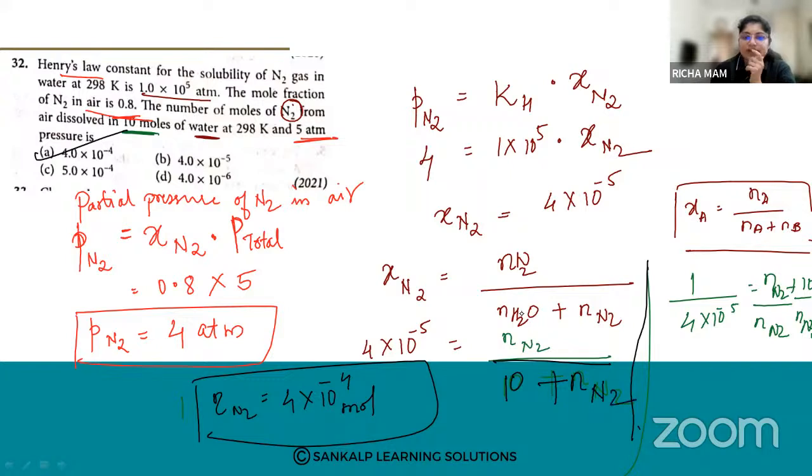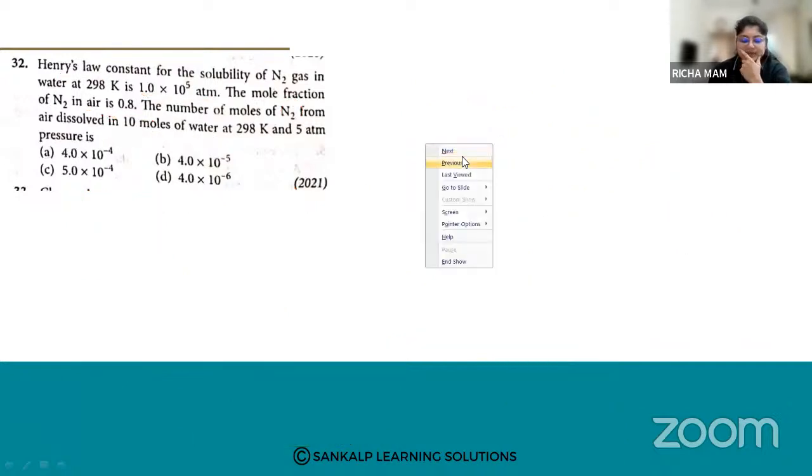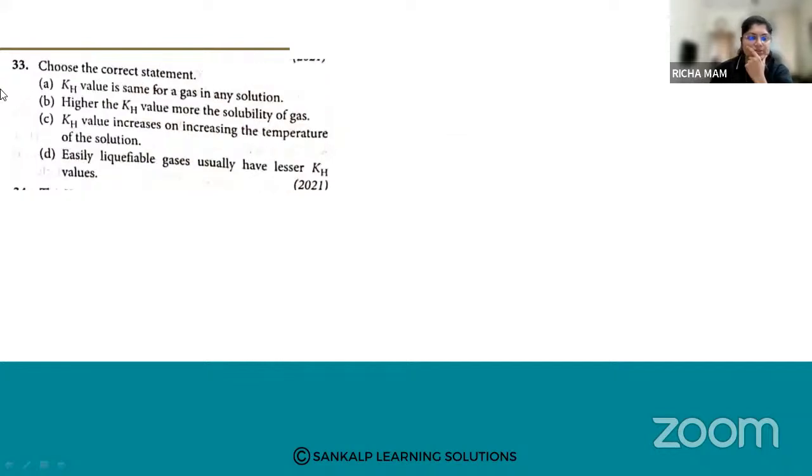The N2 goes to the numerator, and we get the number of moles of N2, that is 4 into 10 raised to minus 4. Fine. So this is with respect to Henry's law. So let us go for the next one.